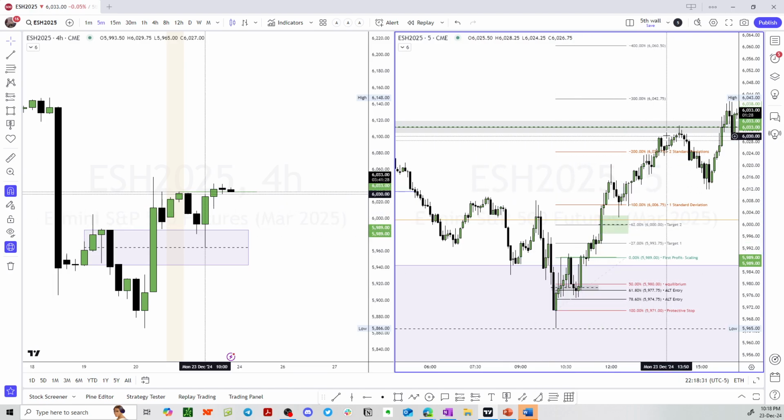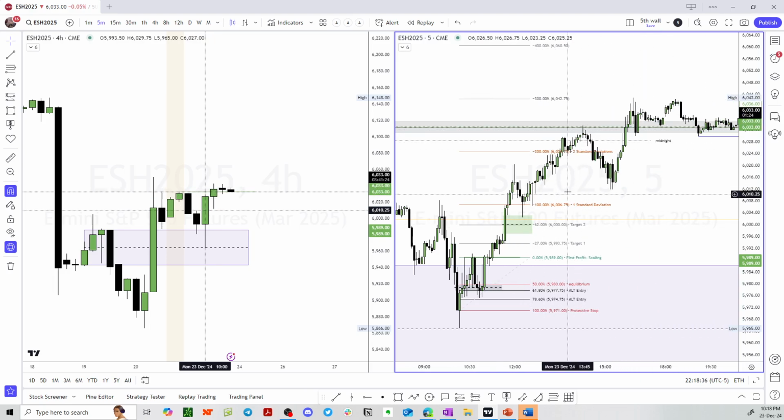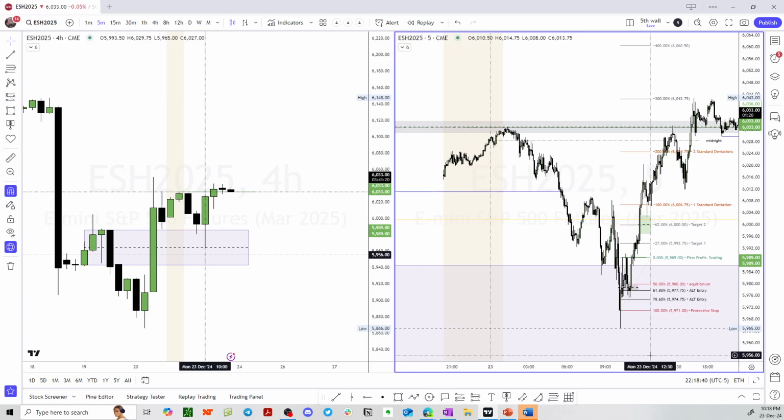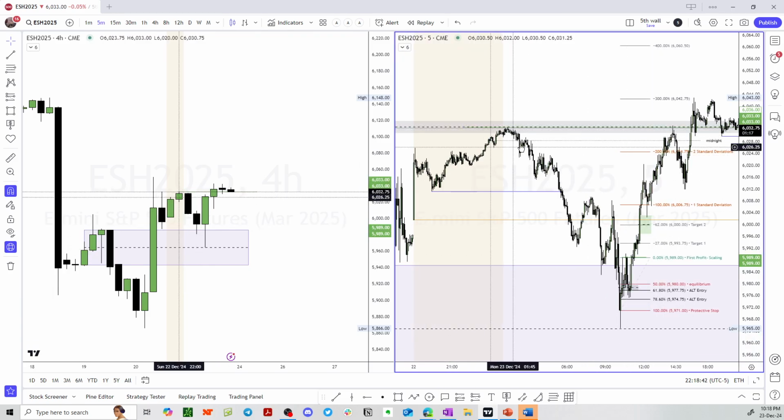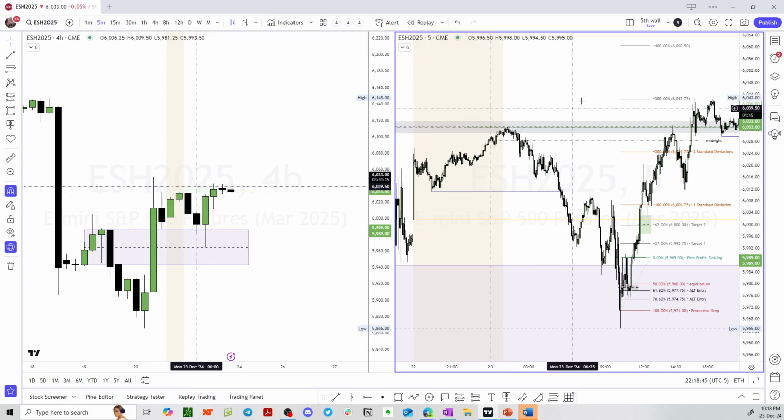And then we have a push higher into 2 standard deviations. That's good enough, right? Trade it into this 15-minute fair value gap, or above this consolidation, however you want to call it, however you want to play it. That's on you.